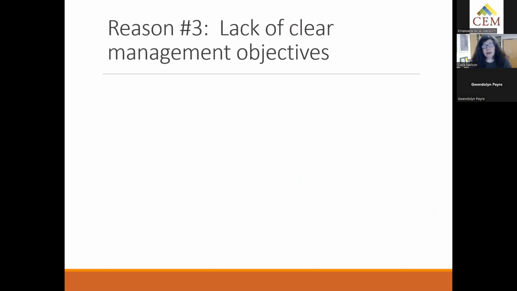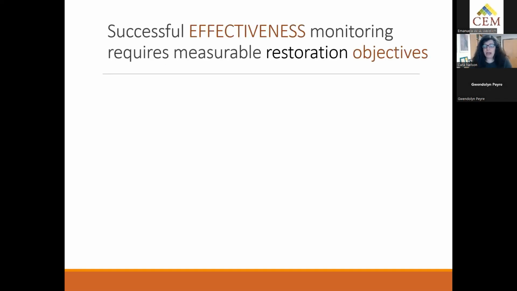So reason number 3 that monitoring can fail or be less impactful is about your project planning, if you don't have clear management objectives. And this particularly is relevant for effectiveness monitoring. So if you want to say, was our project effective at reaching the project goals?